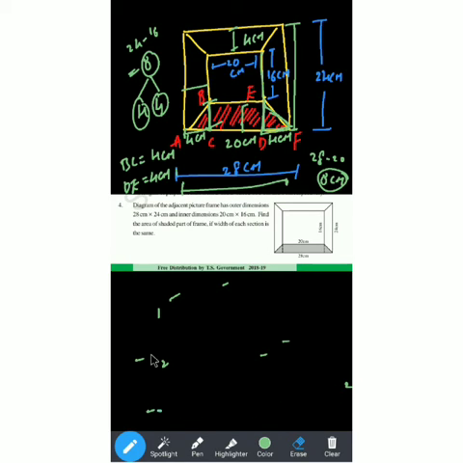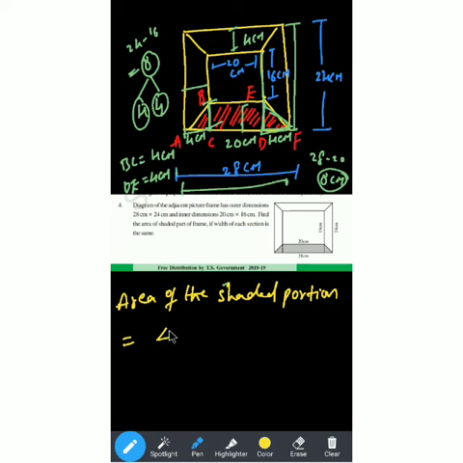So the area of the shaded portion is equal to triangle ABC plus rectangle BCDE plus triangle DEF areas.